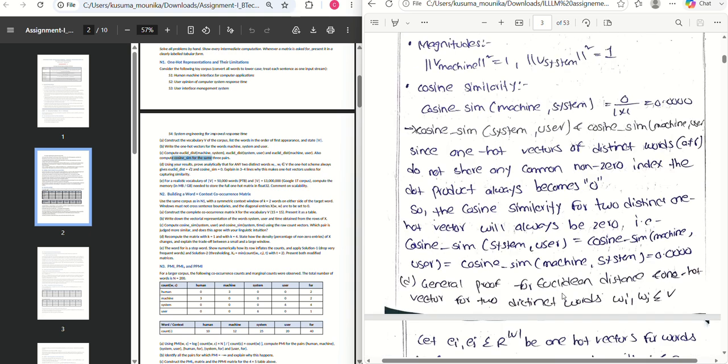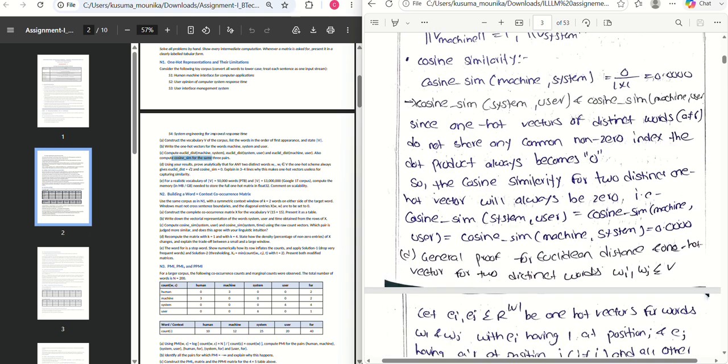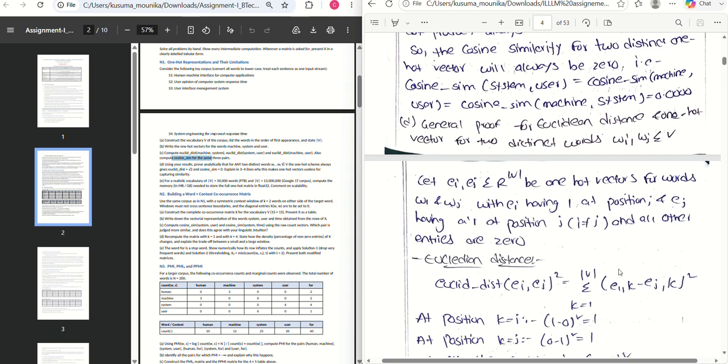Question D asks how we can prove that the Euclidean distance is 2 and the cosine similarity is 0. Let Ei and Ej be the one-hot vectors for the words Wi and Wj, with Ei having a 1 at position i and Ej having a 1 at position j.